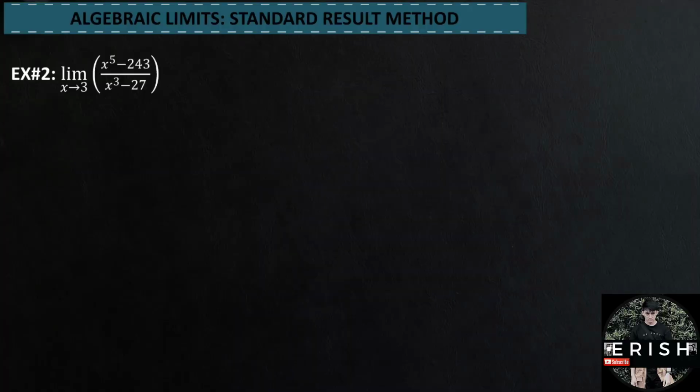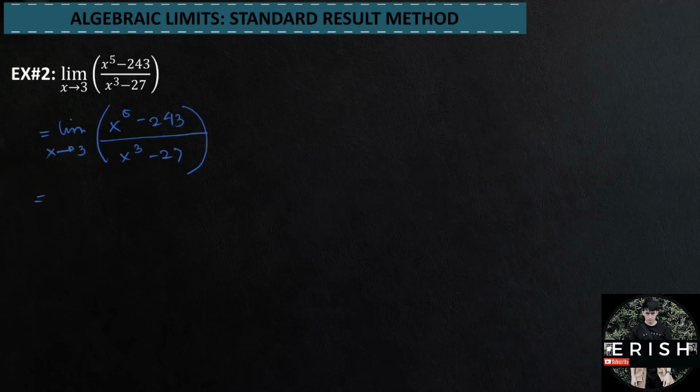Example number 2 for standard result method. Given we have limits of x raised to 5 minus 243 over x raised to 3 minus 27 as x approaches 3. So let's rewrite. Limits of x raised to 5 minus 243 over x raised to 3 minus 27 as x approaches 3.